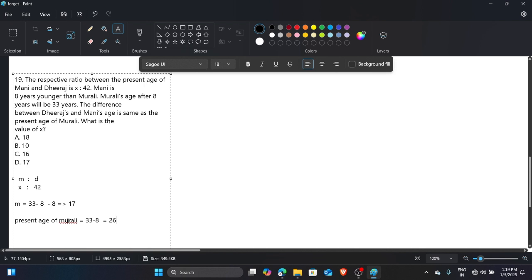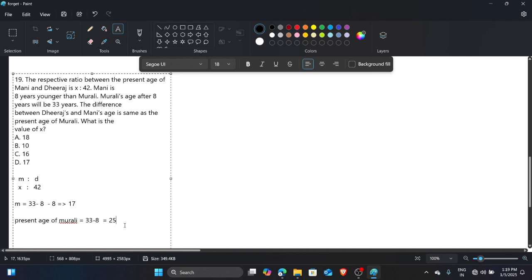Okay, 25. Yeah, this is the present age. And the difference between Dheeraj and Mani is the same as the present age of Murli. So here the difference is 25.